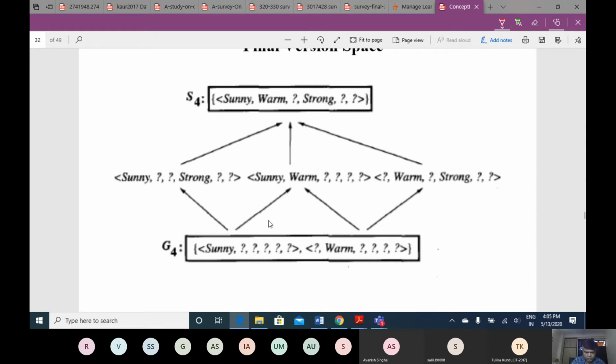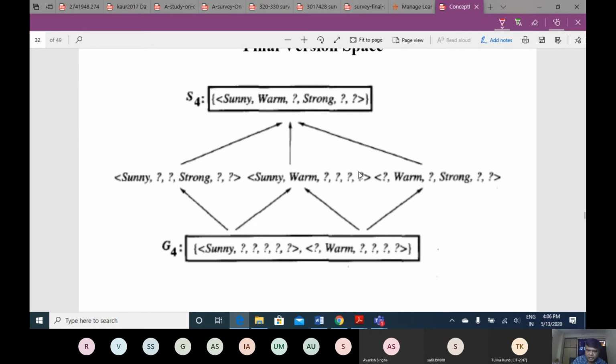So this is also satisfied, sunny and warm. Okay, so what do I want to say? That for this particular example, which is not included in the training examples, we can see that this example is true for all hypotheses which are included in this version space, which we have just created based on the training examples.